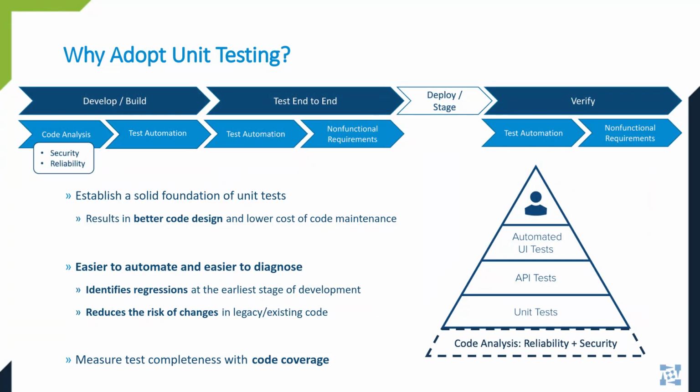So let's talk about unit testing. If we stretch out our DevOps pipeline or our CI/CD pipeline, unit tests take place right after code analysis, right after static analysis. This is where we run our unit tests now. You might already be doing TDD, which is great, right? So you're writing unit tests before you actually write your code.